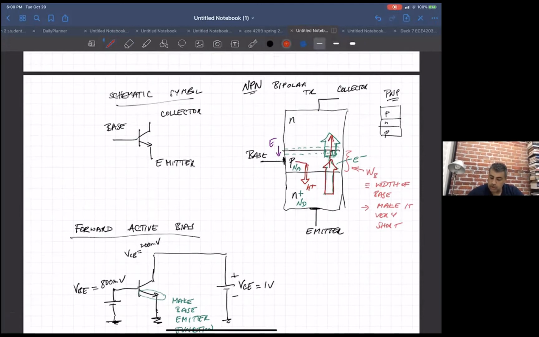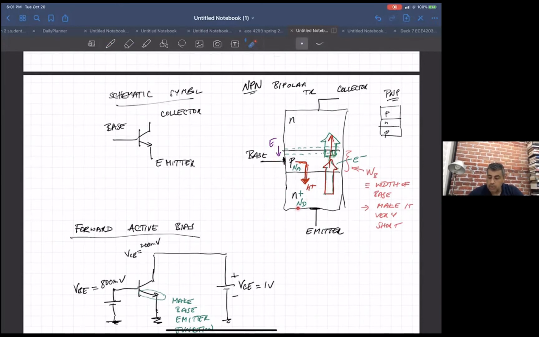But then you have a current coming from the base to the emitter because this junction is forward biased. The base has to supply this current, and we want the current that your input has to supply to be as small as possible compared to the current going to the output. Okay, because we don't want to load down the input.